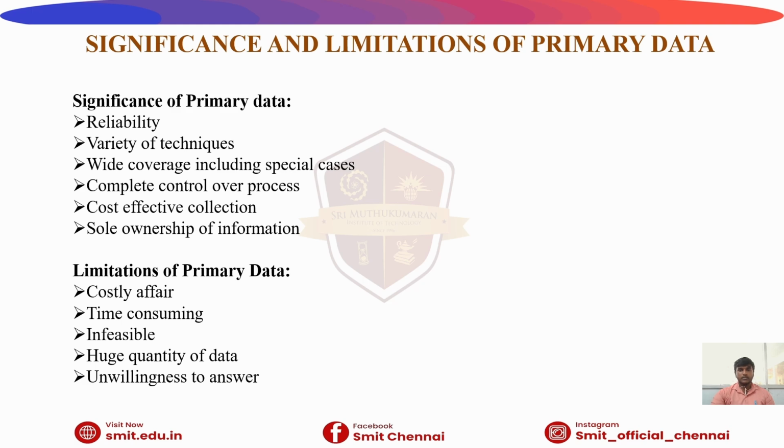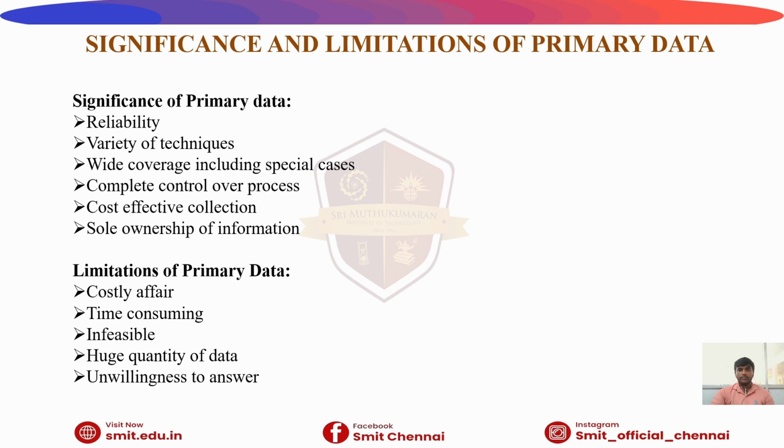Then limitations. First, costly affair, it can be expensive and time consuming. It takes longer time to collect. Third, infeasible, sometimes it is impractical at scale. Fourth, huge quantity of data, which can be overwhelming to analyze or to maintain.